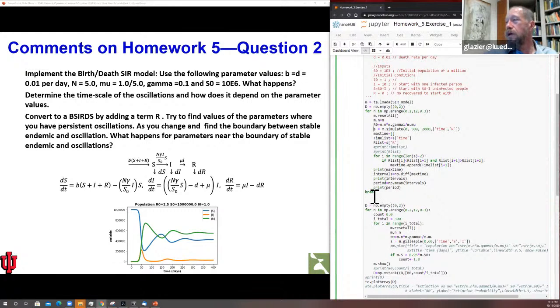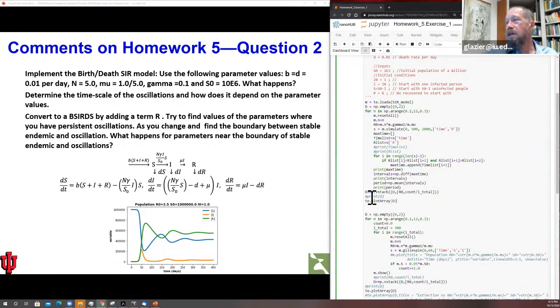And now let me do my append. Except that instead of appending count over I naught, I want to append period.